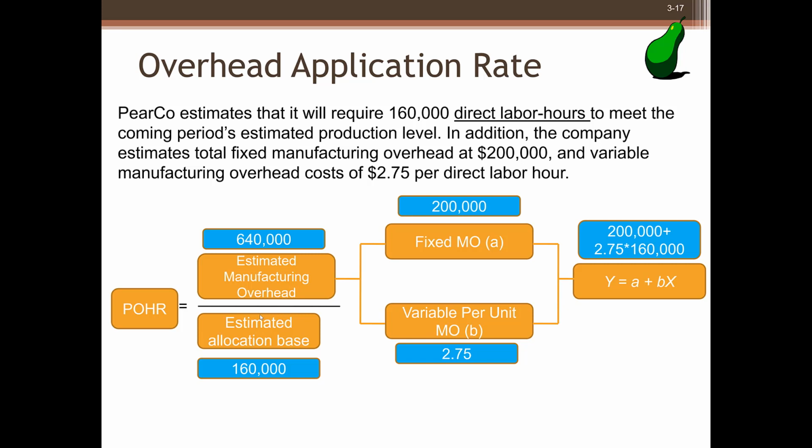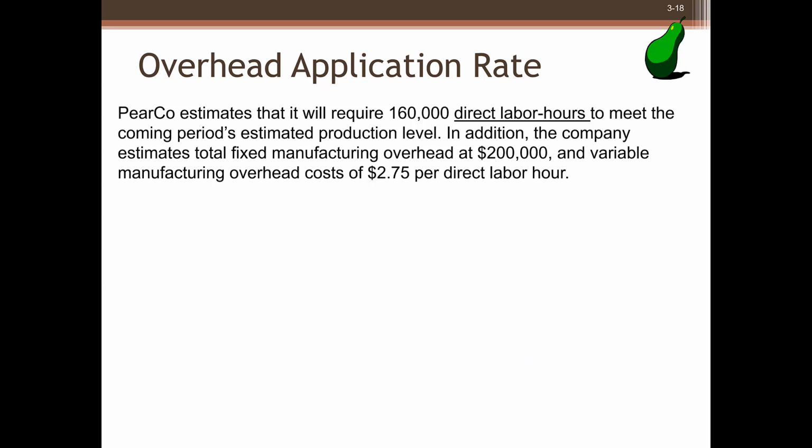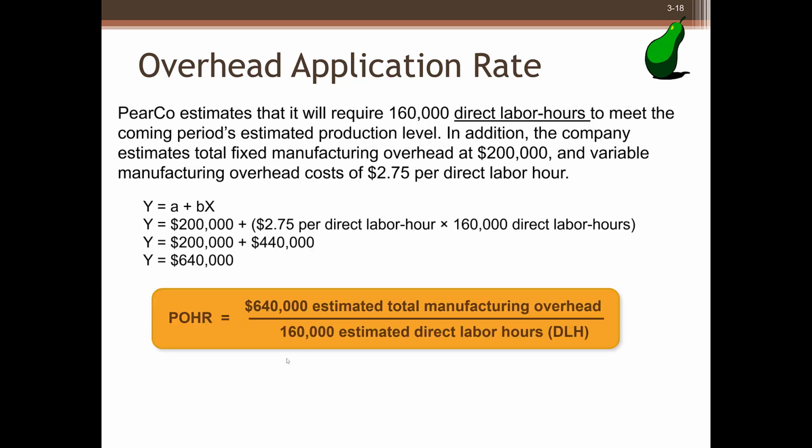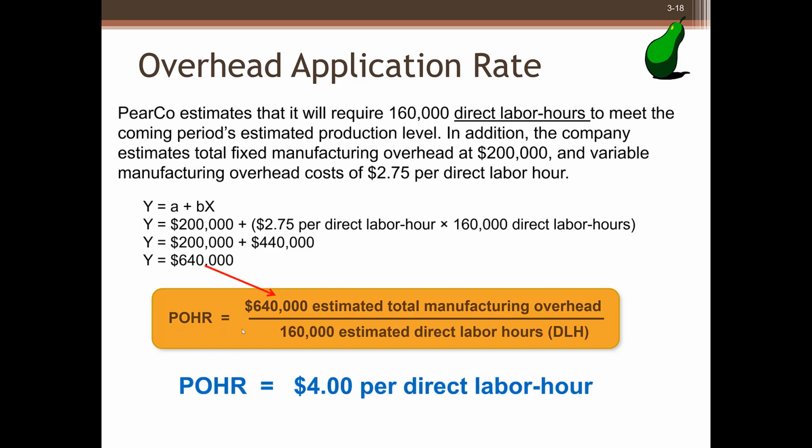We can easily calculate the predetermined overhead rate, $4. What does it mean? It means for each direct labor hour, manufacturer overhead cost is $4. And of course, we can simply follow the equation here and easily calculate predetermined overhead rate, $4.